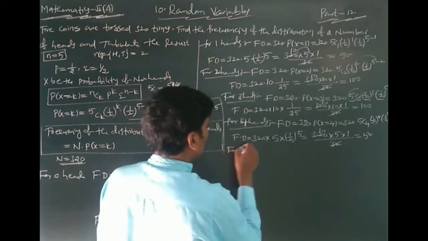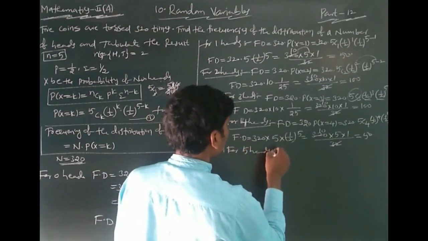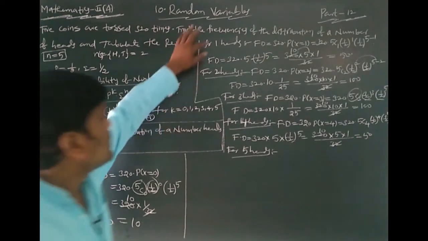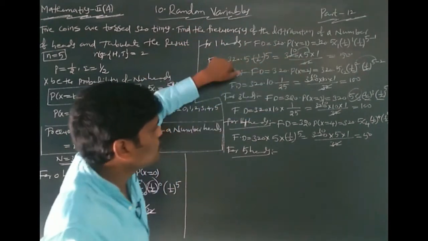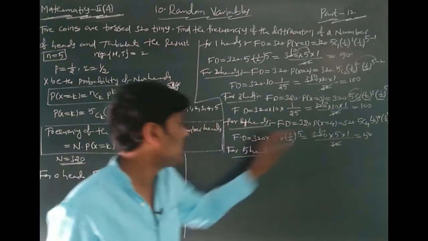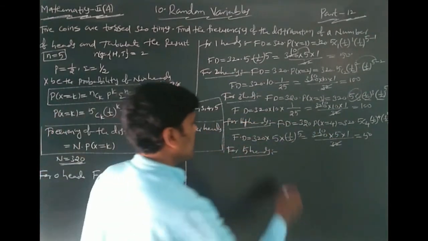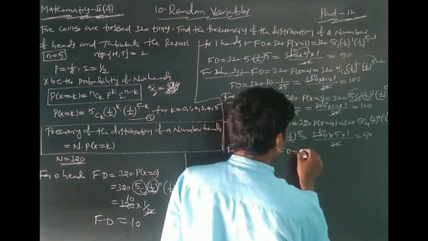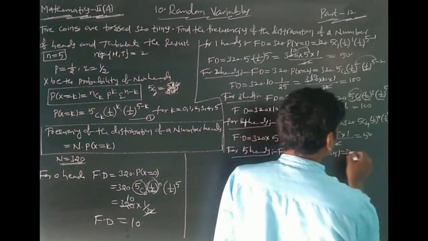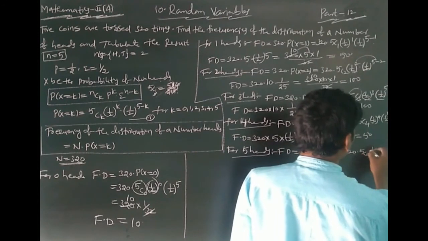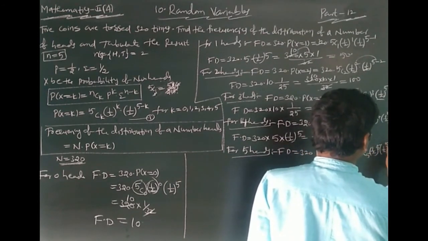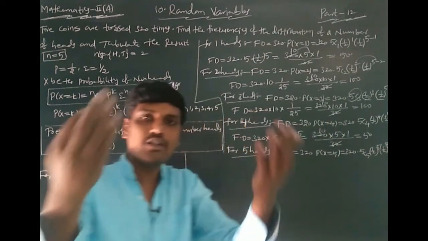Next it goes to 5 heads. So far: 0 heads 10, 1 head 50, 2 heads 100, 3 heads 100, 4 heads 50. For 5 heads, this is the last one, the frequency distribution equals 320 into P(X = 5). 320 into 5C5, (1/2) whole power 5, (1/2) whole power 5 minus 5. 5 minus 5 is 0, so you get (1/2) whole power 5.